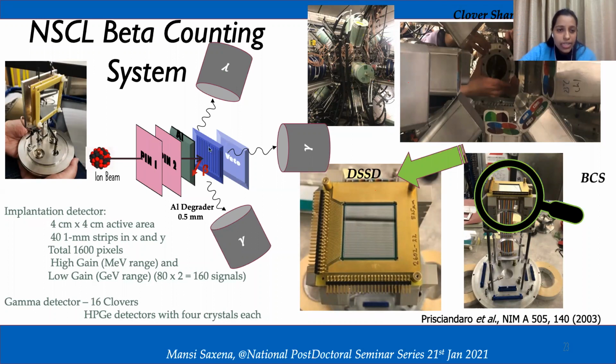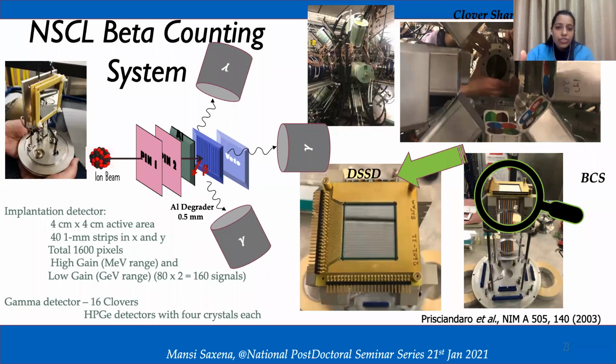Now, this DSSD had 40 cross 40 strips of 1 mm each, vertically and horizontally, ultimately resulting in a pixelation of 1600. So they were used to measure the energies, time, and position information for both the implant and the decays.